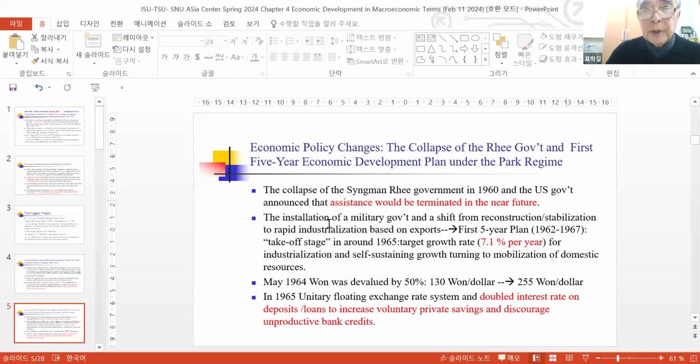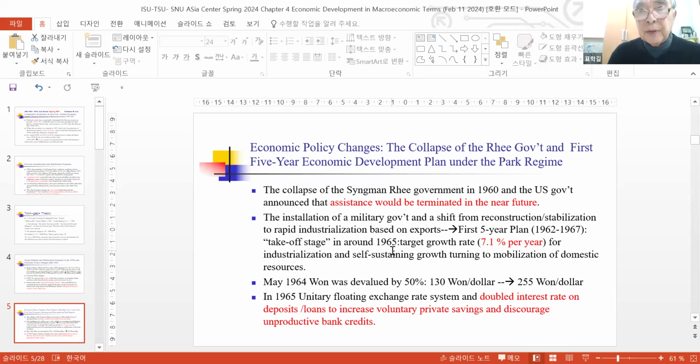The installation of the military government brought a shift from reconstruction and stabilization to rapid industrialization based on exports. So the first five-year plan, 1962-1967, was drafted and implemented. During this time, the Korean economy went through an important stage, the so-called takeoff stage, in 1965.